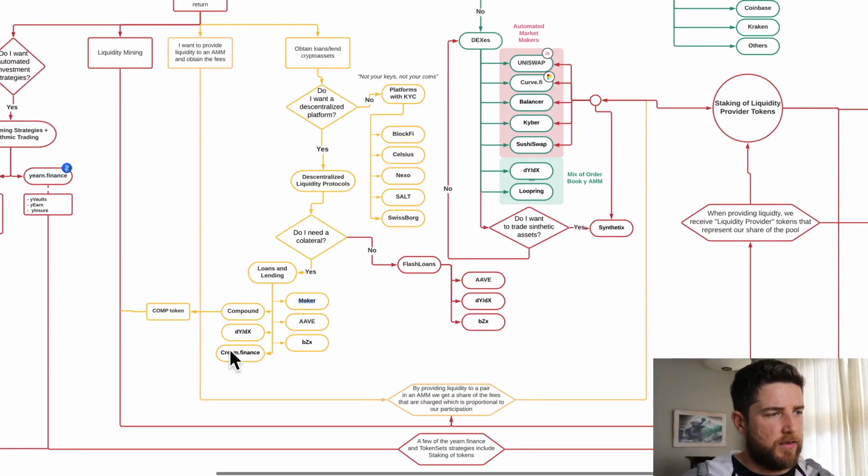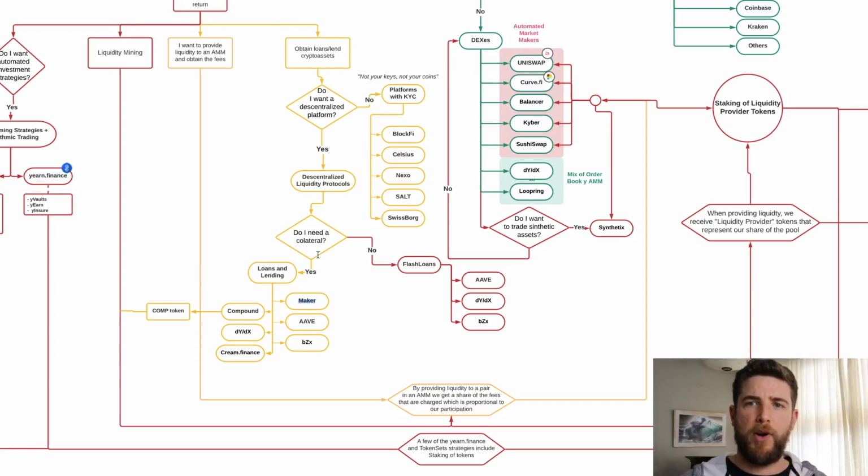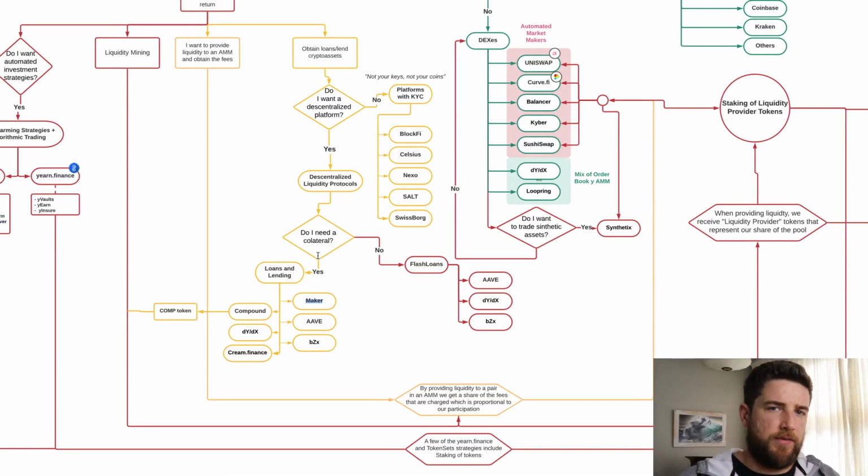That is, I would say, 95% of the cases of a money market: it's just borrowing and lending money in a decentralized way, and you need collateral for borrowing.